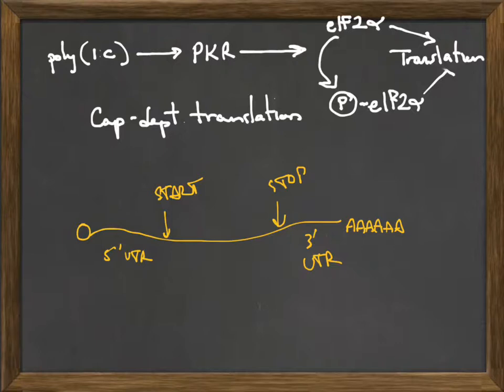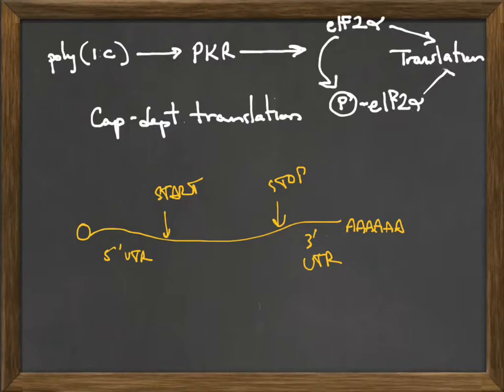So what we've talked about before, with the viral mRNA being able to bypass all of the cap-dependent translation, is that mostly with RNA viruses? We see it more frequently with RNA viruses, or at least our examples of it are better with RNA viruses.